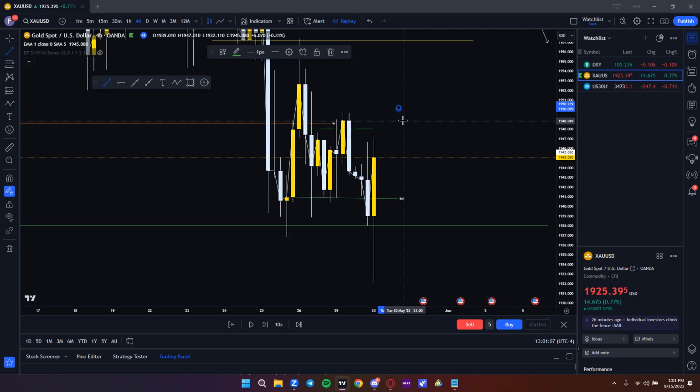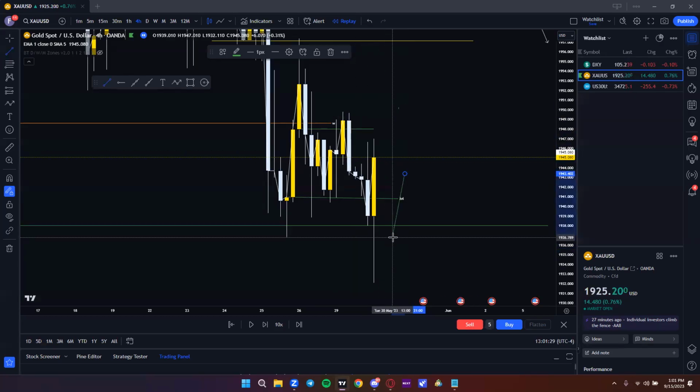We have to make two observations. We have to observe where it's coming from and what happens after, because we are expecting a pullback to the upside regardless.